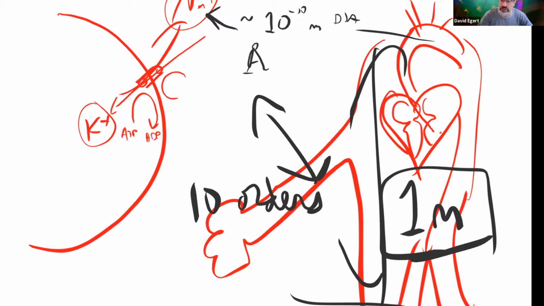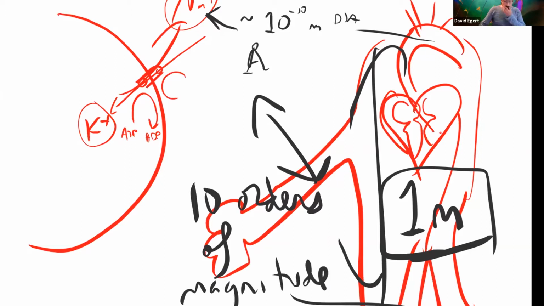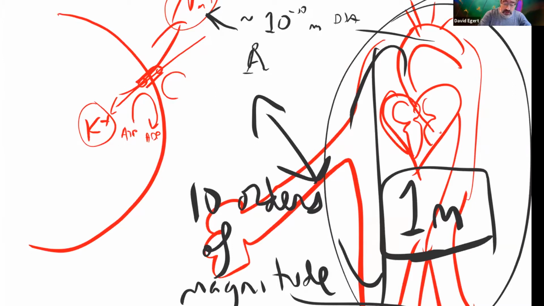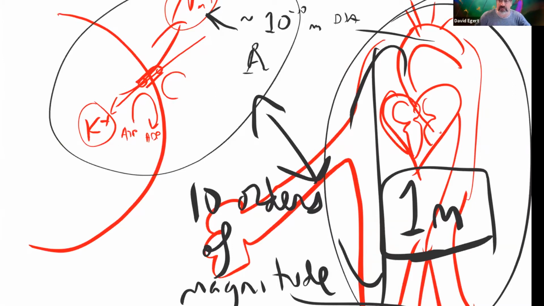In fact, 10 factors of 10. So when we think about the different processes in the body, we're going to be thinking about things at the scale of a meter, and also at the very same time thinking about things at the scale of 10 to the minus 10th meters. And just to give you an intuition of how radically different it is and what we're actually doing down here.